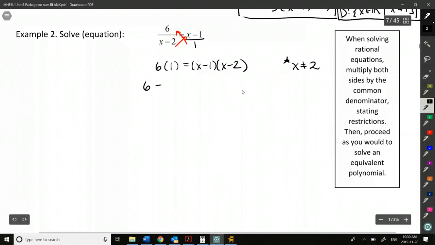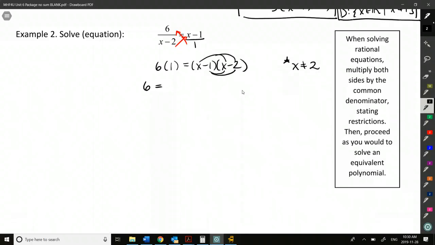And then in order to solve an equation where I have a quadratic on one side, I need it set equal to 0. So I'm going to have to FOIL out the expression on the right and bring the 6 over so it's set equal to 0. Then we can potentially either factor or use the quadratic formula to solve for x.